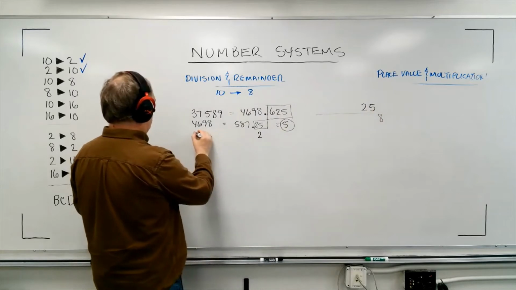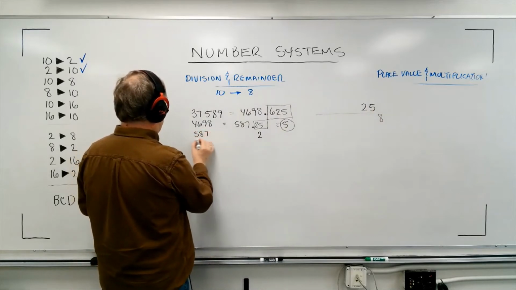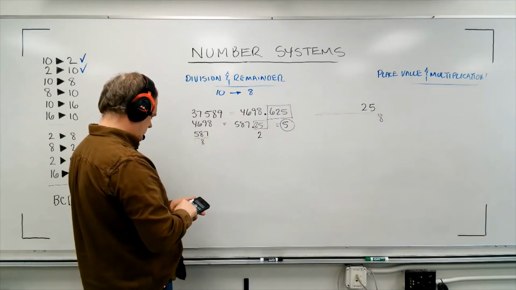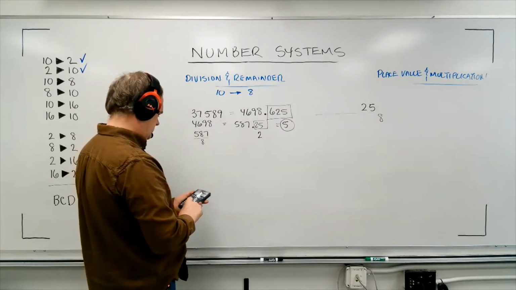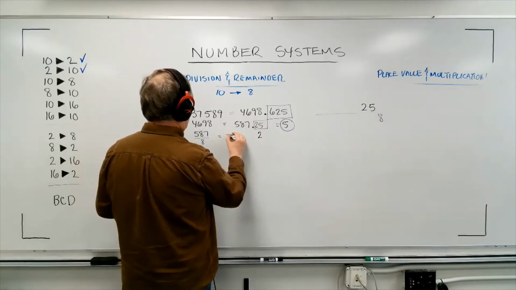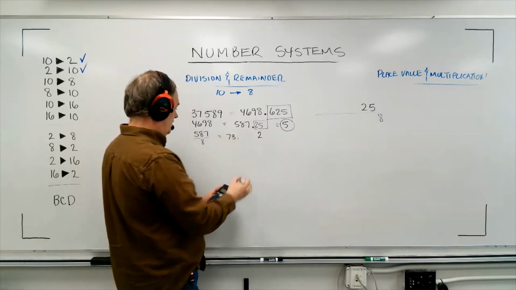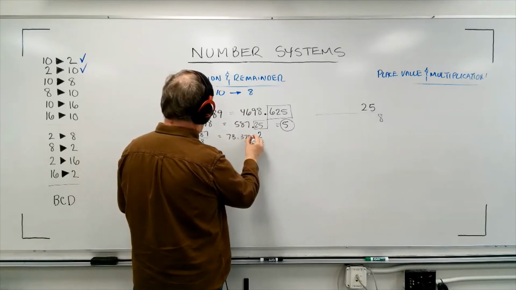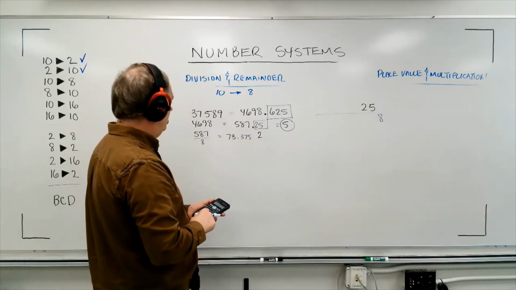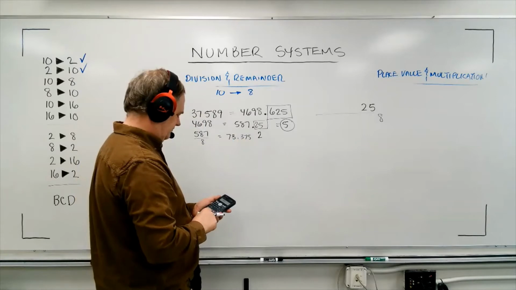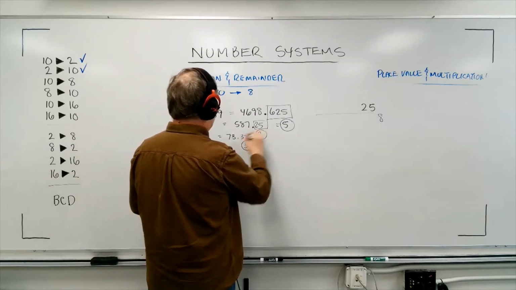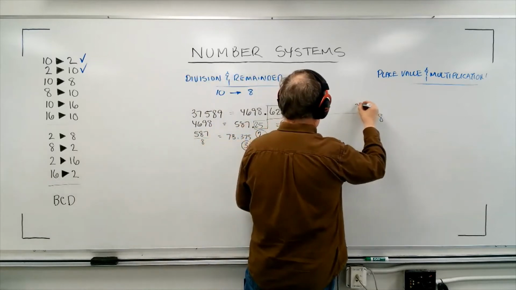Now, I go 587 divided by 8, and that is 73.375. Now there's one I haven't seen, right? What is 0.375 times 8? And it actually equals 3. So these are our remainders, right? So they go over here. There's the 3.